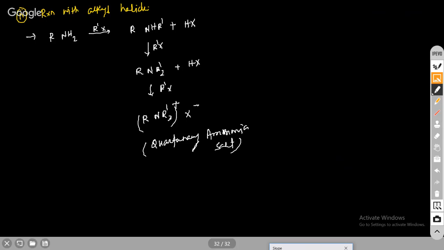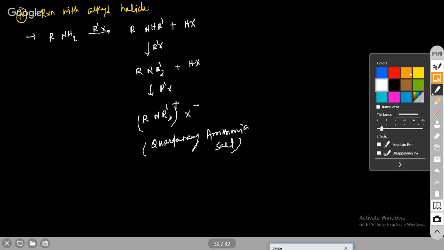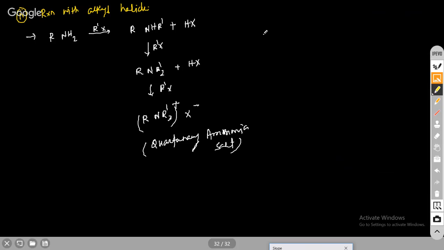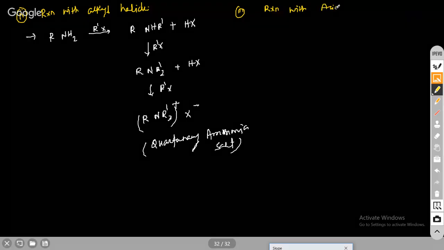Now, third reaction you write down. Reaction with acid chloride. We also call it acylation.